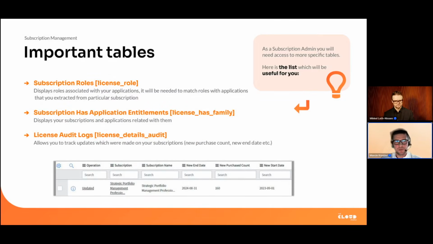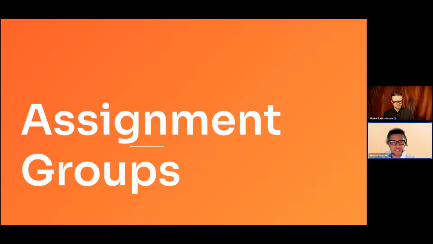Then we have subscription roles, which will be needed by us in defining which roles are in scope of a particular subscription. And then we have subscription has application entitlements to define applications. I know it might sound complicated, but I will do a demo later on. We will go step by step. So I'm pretty sure you will understand that.